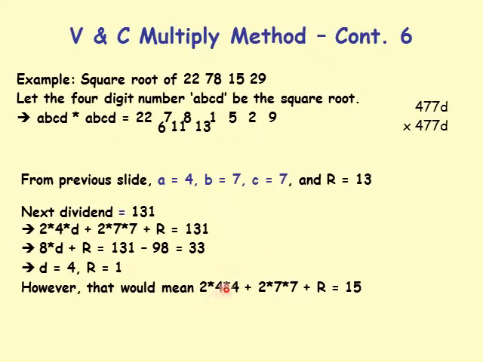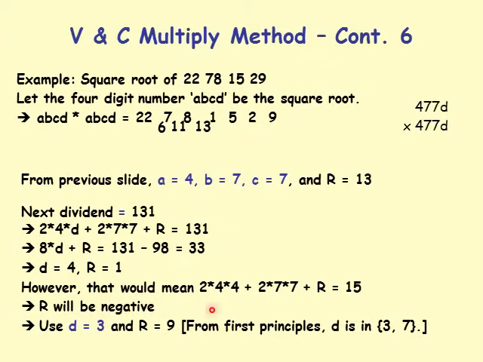I mean 2 times 4 times 4 plus 2 times 7 times 7 plus r would be 15, this 1 here and 5 the next digit. Again r would be negative if I use that. So we go back and do altered remainder again. We'll use d equal to 3, which is consistent with first principles. So r would be negative if I use d equal to 4. That means use d equal to 3 and r equal to 9.